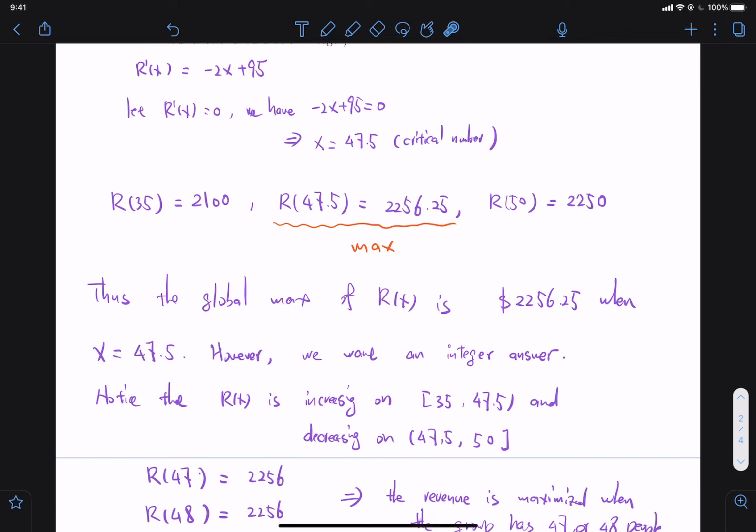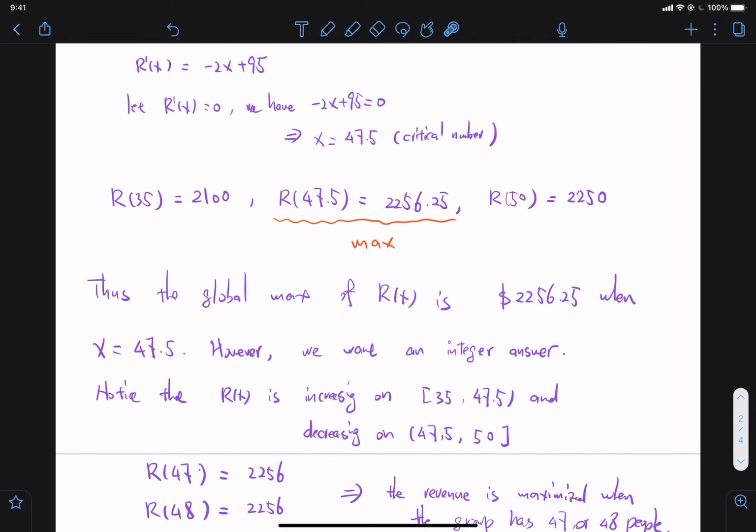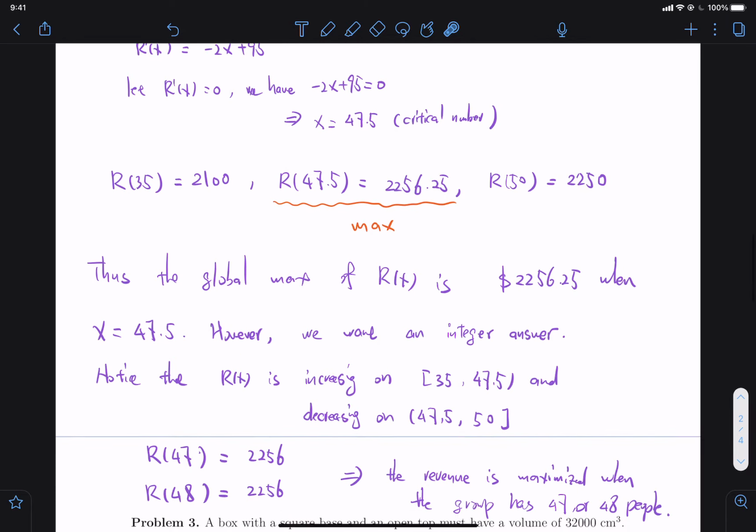But that wasn't very necessary, because basically we know that the local max occurs at x equal to 47.5, and since we can't have a decimal number, we either pick 47 or 48.